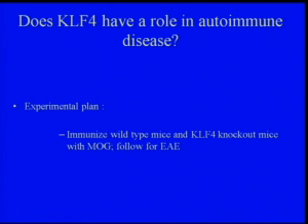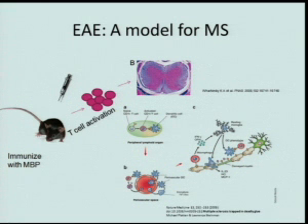So we first just globally assessed whether KLF4 was required for the generation of EAE. In inducing EAE, the mice are immunized with the myelin basic protein, which leads to activation of T cells, destruction of myelin, and the activated T cells essentially traffic into the CNS, where they again meet up with antigen presenting cells and destroy myelin.